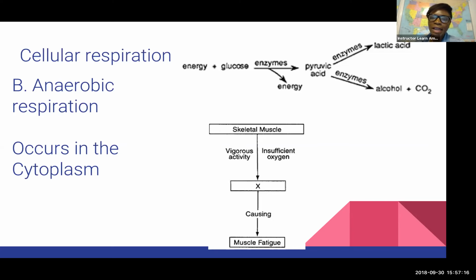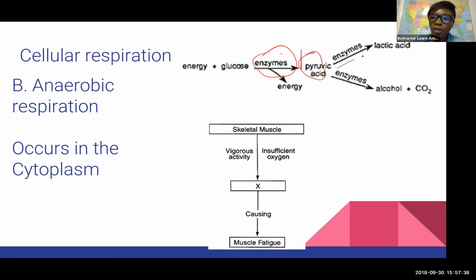Here's an example of a practice question you'll come across. Here's one on cellular respiration. Here we're showing you energy plus glucose. Here's that enzyme that we focused on. That enzyme changes the glucose, giving off energy, into pyruvic acid.